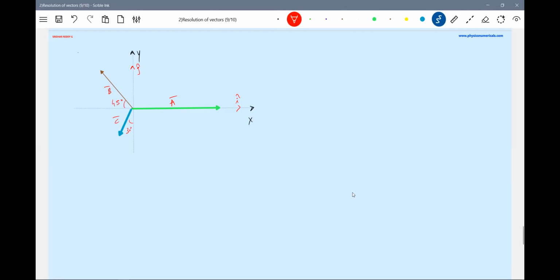This is 45 degrees. The value of A is 8 Newton. B is 4√2 Newton. C is 2 Newton. Find 2A bar plus 3B bar plus C bar.